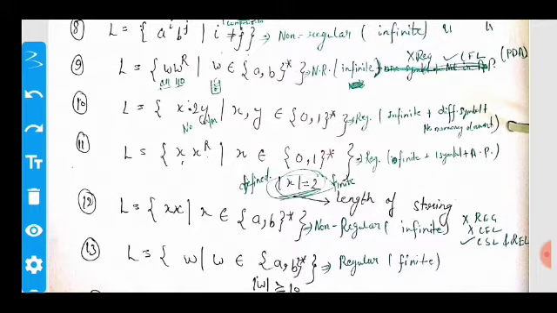A regular language has no memory, but a CFL or PDA can store it, so it is easily accepted by the PDA because here the length of the string w is equal to w reverse. So we say that it is easily accepted by the PDA machine. Now move on to the next question.